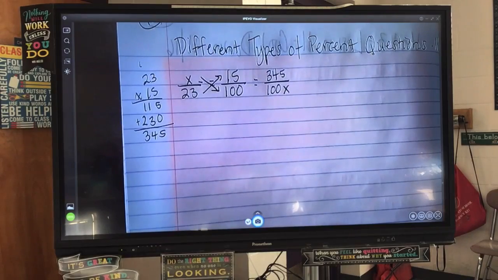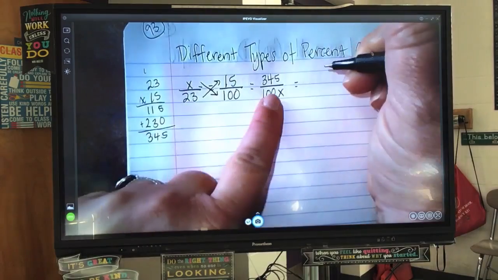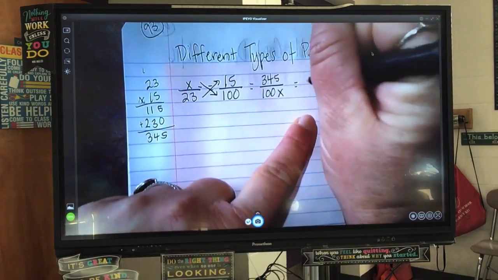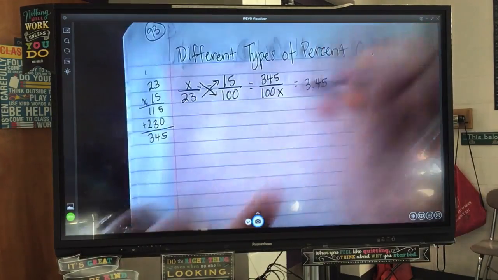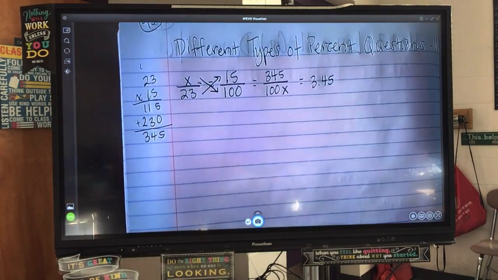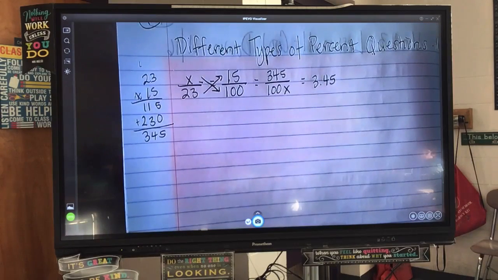Remember how we talked about how your percents could be over 100? So if I were to rewrite this, I'm going to get 3 and 45 hundredths, because there's 3 whole percents there, right? Does that make sense to you guys?